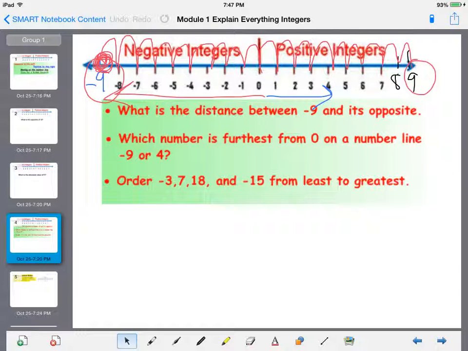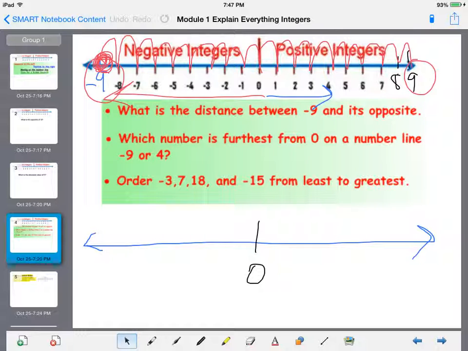And last but not least, we talked about how a number line goes from least all the way to greatest. So if we were going to go ahead and order -3, let's go ahead and plot these. So I'm going to go ahead and just put my 0. He's the middle integer right there.